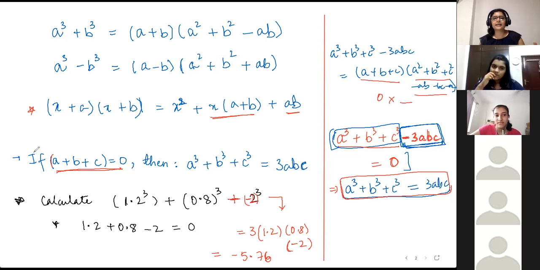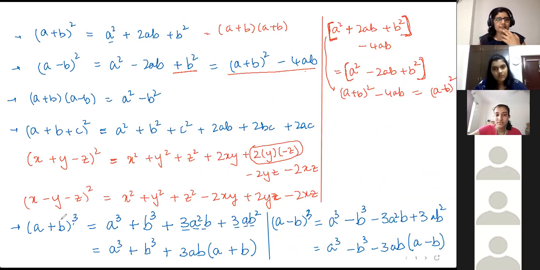So all of these identities basically exist to make your life easier. Think of them as your toolkit to make your calculations easier. You've got to treat them that way.